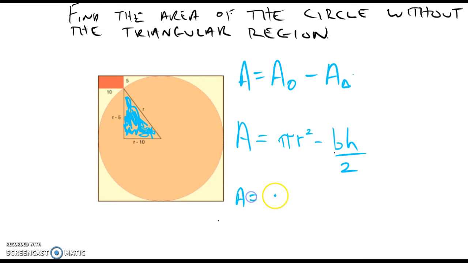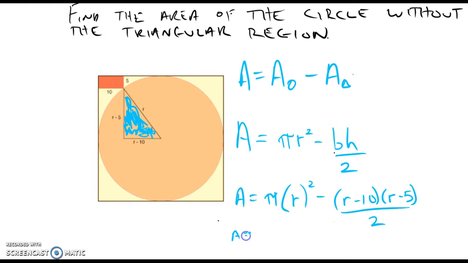Area is equal to, we're going to leave it in terms of pi, and our radius is r, minus our base is r minus 10, our height is r minus, it's an r, yeah it is an r, it looks like a t kind of, but r minus 5, base times height divided by 2, and A is equal to pi r squared minus, we can approach this a couple different ways, but I think we're going to do it this way.